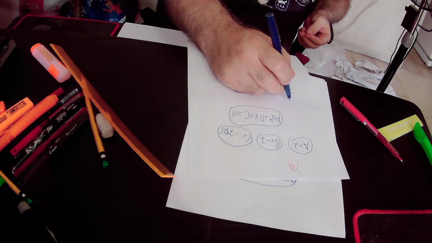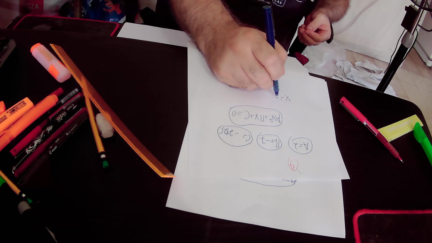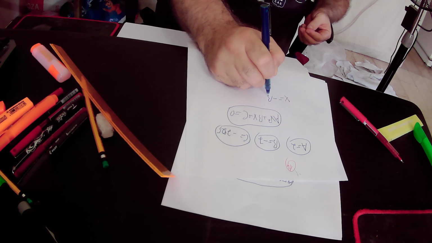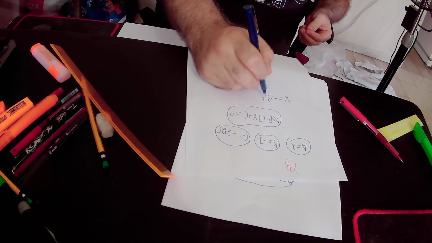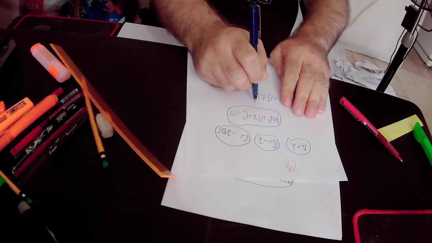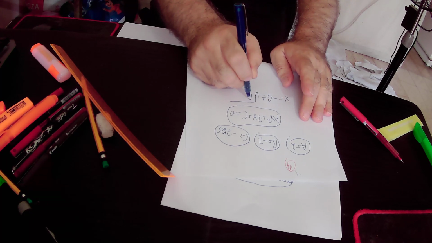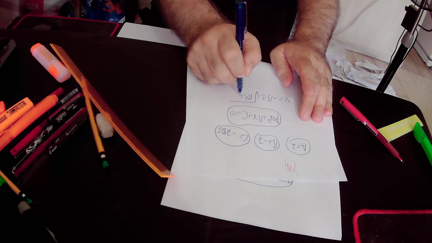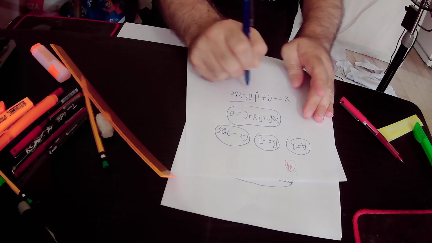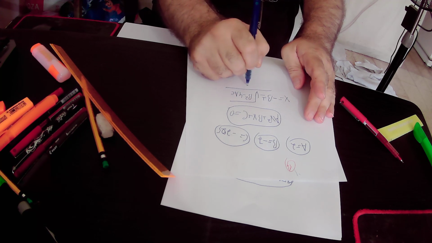X equals to minus b plus minus root of b squared minus 4 times a times c over 2 times a.